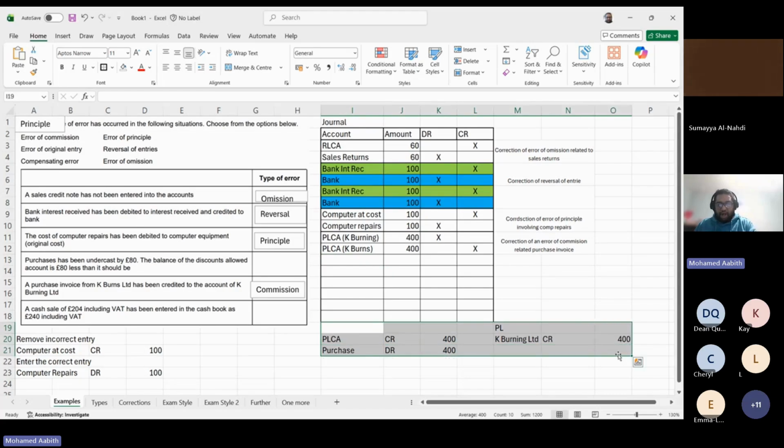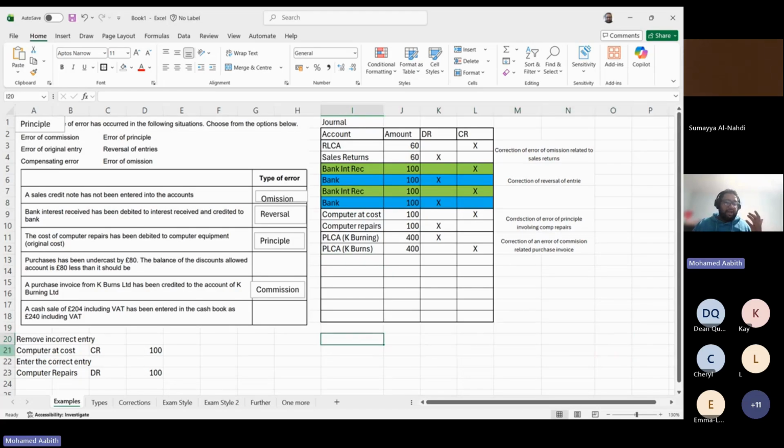First, look at the scenario. What is the incorrect entry? Originally it should have been bank £204, and VAT is going to be that divided by 6, and then we have sales £170.